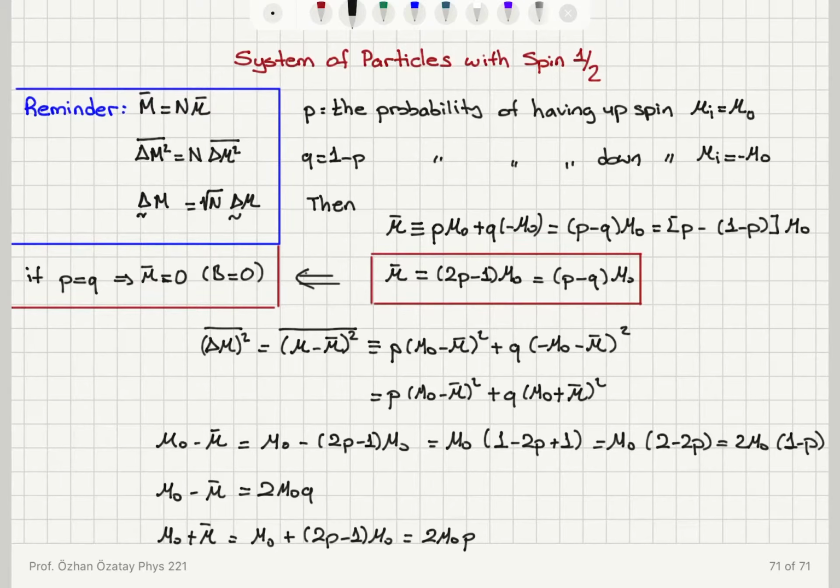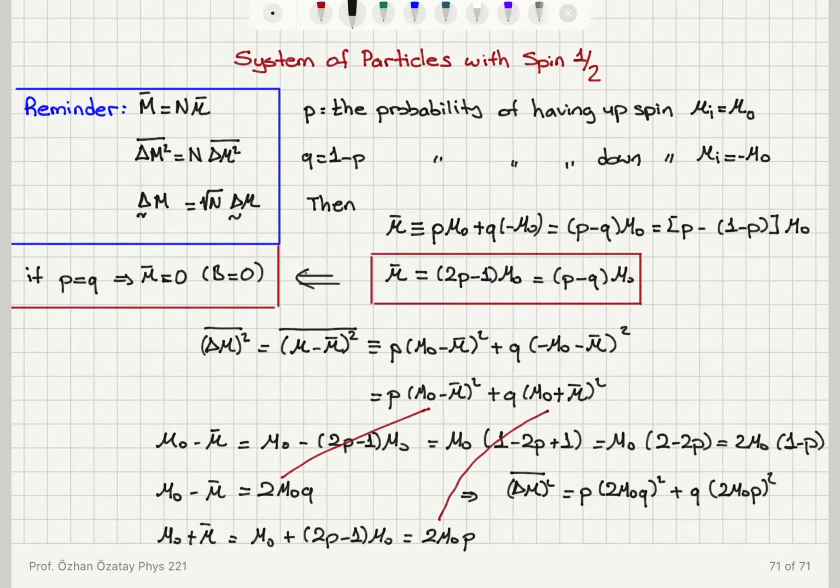So basically I can find from this the variance of the magnetic moment per spin. I'm substituting these two results, this result here and this result here. So I will find this is going to be equal to p times (2 mu 0 q) squared plus q times (2 mu 0 p) squared.